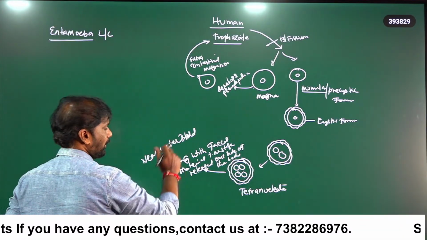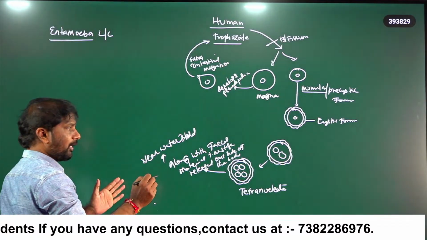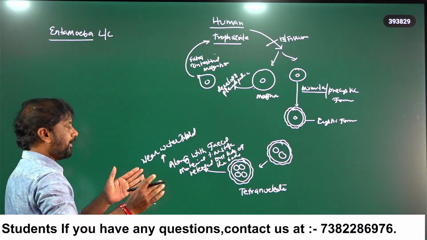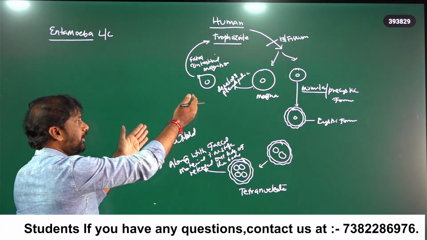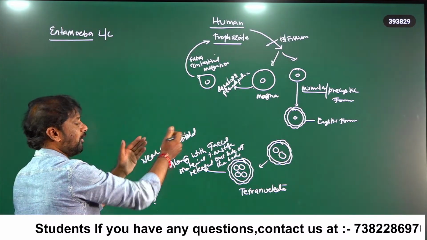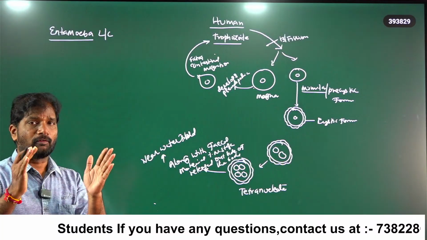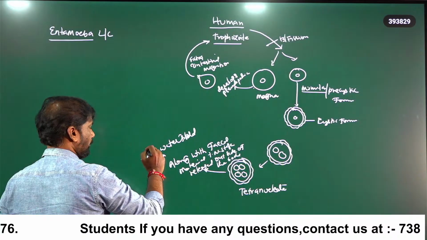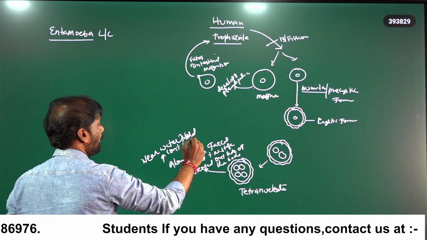So when the infected human being releases the fecal material along with the tetranucleate stage near the water fields, the tetranucleated stage is present in the water, which is contaminated water.